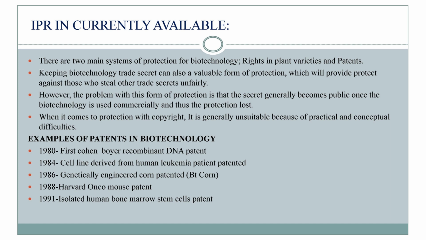This is one of the most important concepts in this chapter. This timeline of biotechnology patents from 1980 to 1991 is a favorite exam question, so try to remember at least the years and the corresponding inventions.